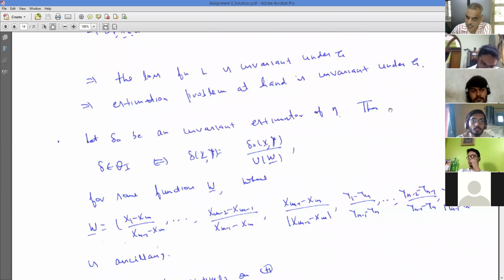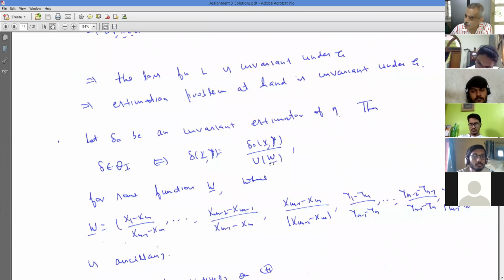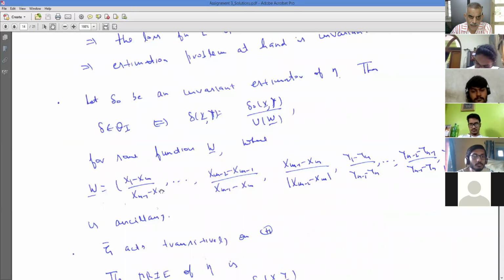So now by the same logic as we did in the univariate case, any invariant estimator would be of the type delta naught of X, Y upon U of W, where delta naught X, Y is any invariant estimator, and W depends on X1 minus Xm, Xm minus 1 upon Xm, and so on. So I choose C as minus Xm, the way we did in the univariate case, right?